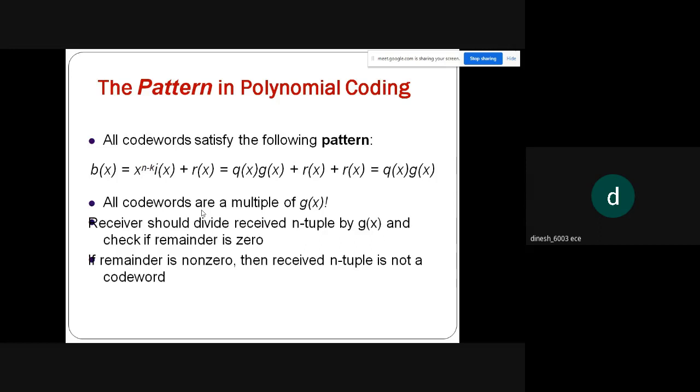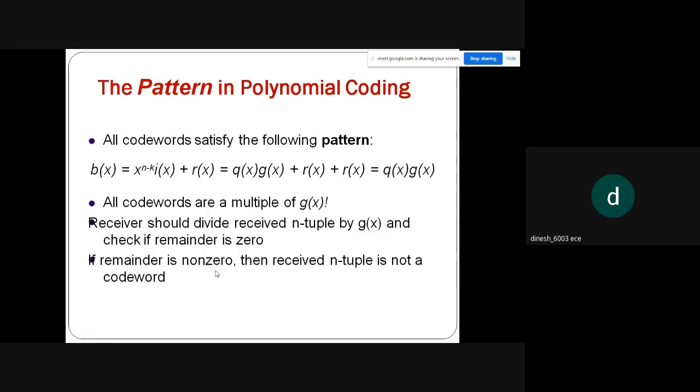The thing is that all the code words should be a multiple of g of x. And I had already said about the remainder. If there is no remainder at all, if the remainder is 0, then what do we state? And if the remainder is non-zero, what to do?